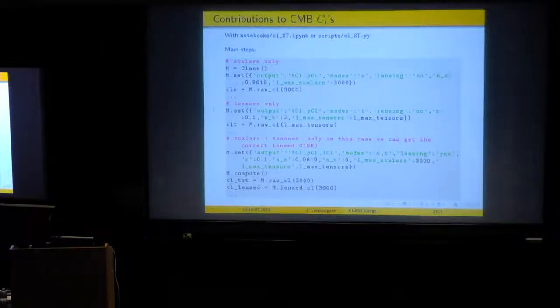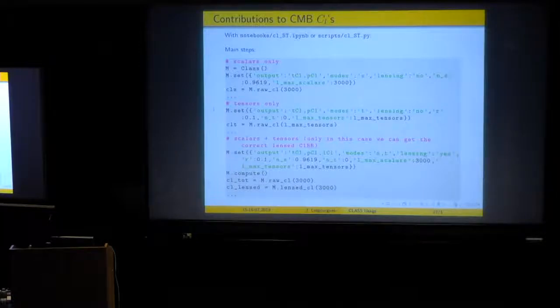I pass it here equal to 0.1. And I pass n_t, the tensor tilt. It's set to 0. I should then run the code, so there should be an m.compute that I have not written. And then I extract my tensor CLs with raw CL again.